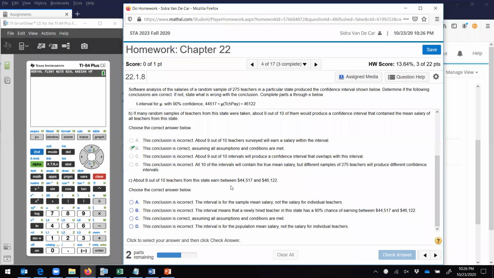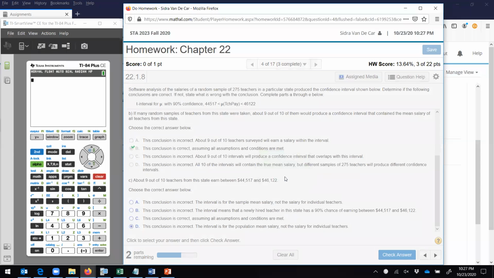About 9 out of 10 teachers from this state earn the, no, it's not on the teachers from this state. The 9 out of 10 is how many of the confidence intervals will contain the true mean salary. There we go. Oh, not the sample mean, it's the population mean. I didn't catch that. Population mean salary, not the individual teachers.